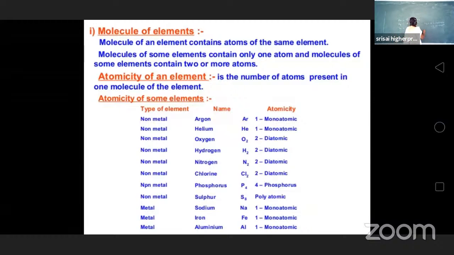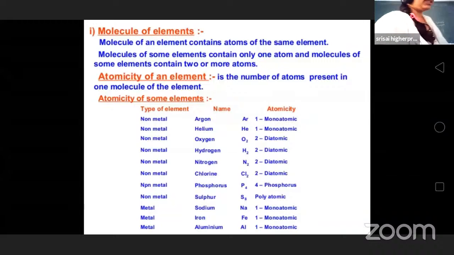For example, NaCl. What do we say, students? NaCl means one sodium and one chlorine.